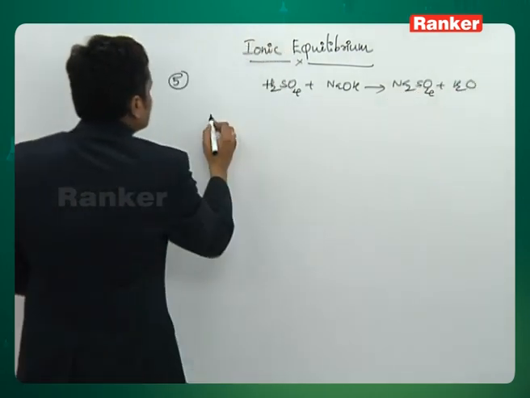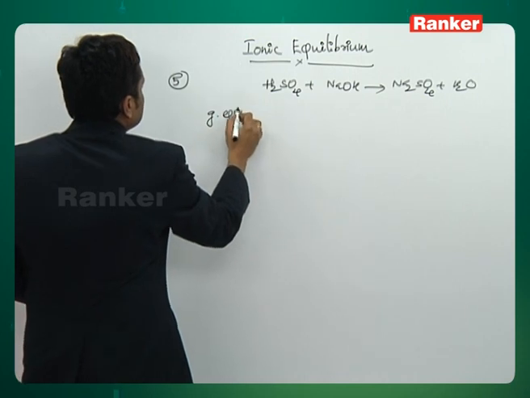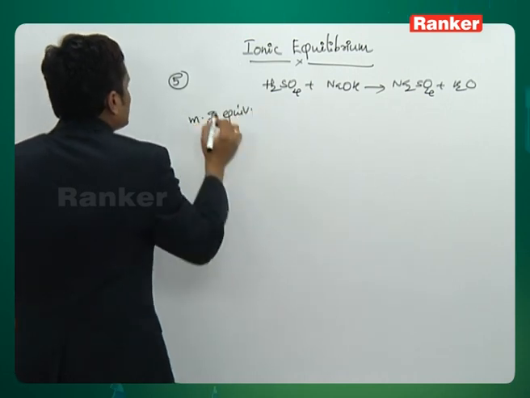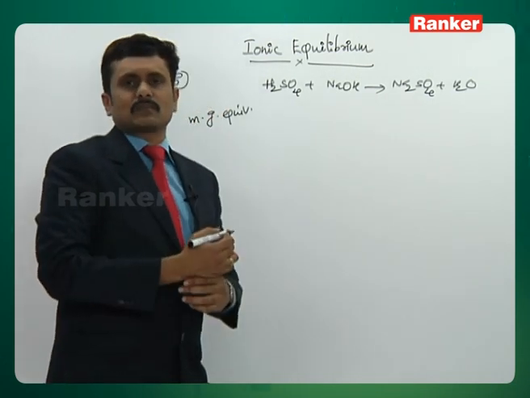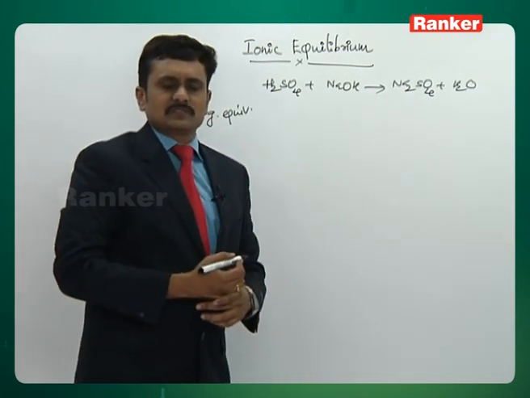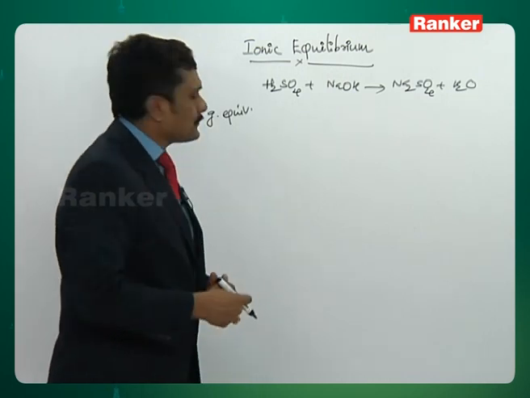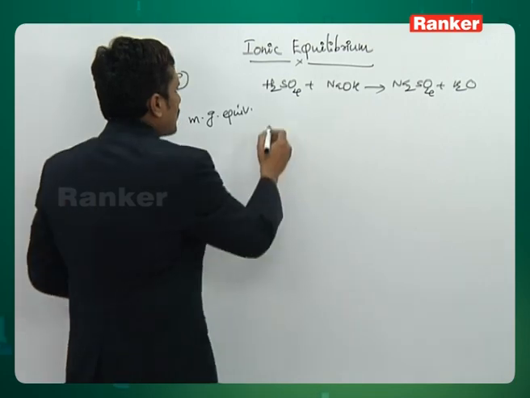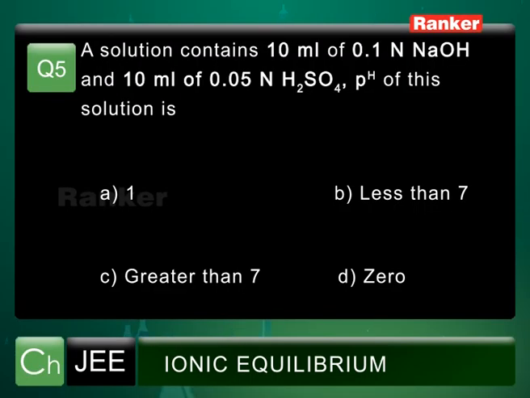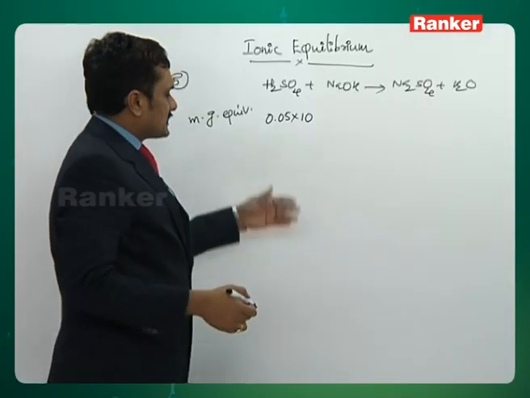So now when I look at the gram equivalents or milli equivalents of this H2SO4, which I will get by multiplying the normality with the volume of solution in liter. The normality of H2SO4 is mentioned as 0.05. When I multiply this with the volume of H2SO4 solution, which is taken as 10, these are the gram equivalents.